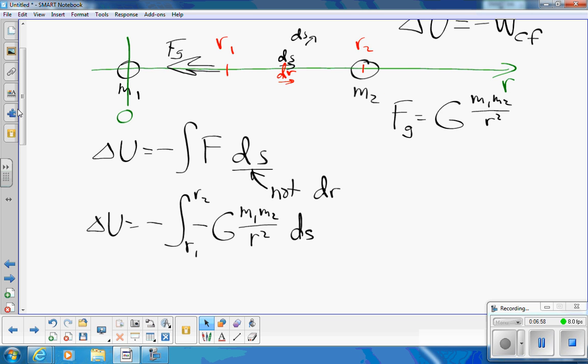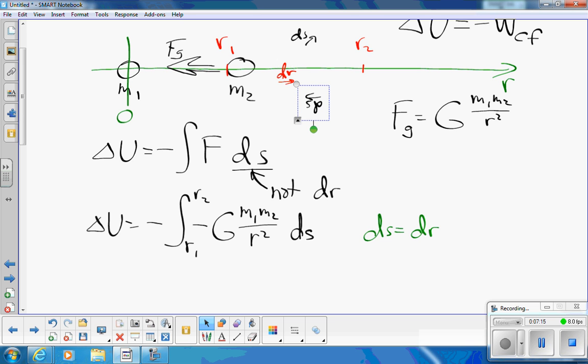They both point in the same direction. They're both infinitesimally small. So for this, because of the way I'm doing this problem, I can say that ds is equal to dr. If I were moving from r2 into r1, my ds vectors would point in this direction, and then for this problem I would write that ds is equal to negative dr.